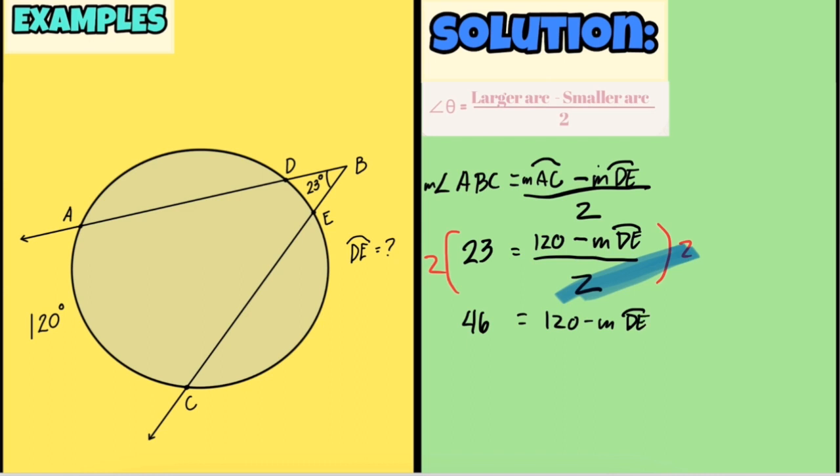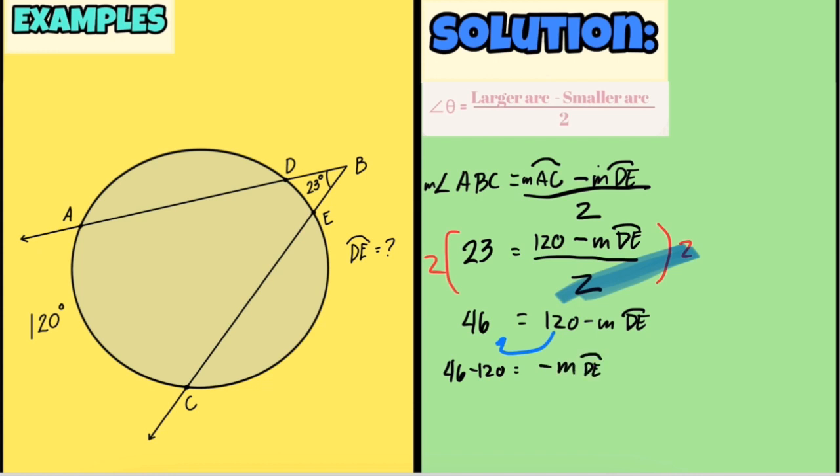What we have to do here is to isolate the variable, or in this case, isolate the part. So we will transpose 120 to the other side. So we're gonna have 46 minus 120 equal to negative measurement of arc DE.